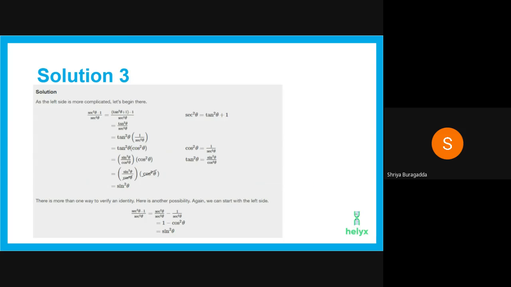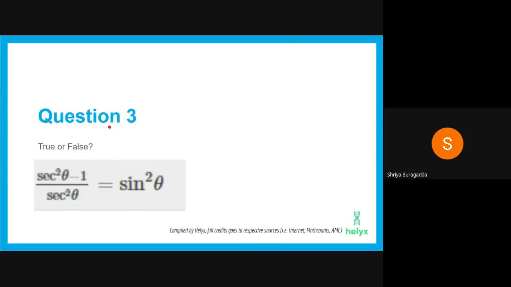Okay, so this one's a little bit longer. So let's start with the left side to try and make it equal to the right side.